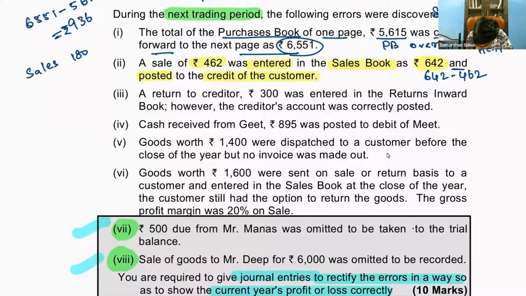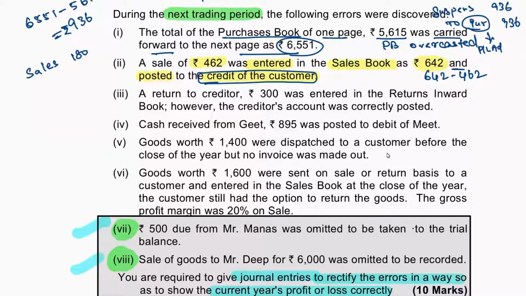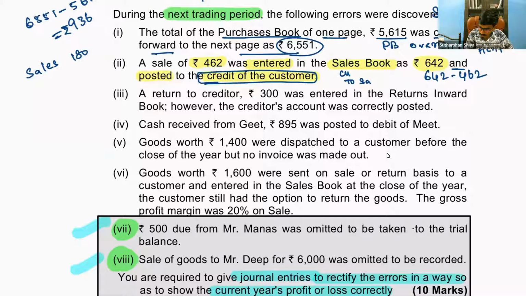They said posted to the credit of customer. What is a journal entry for sales? Let's say credit sales. It will be Customer account to sales account. Very good. Customer to sales account.